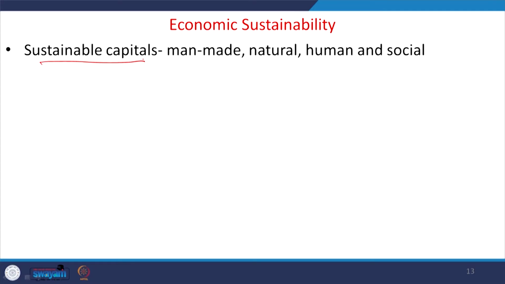Economic sustainability is expressed in terms of sustainable capitals like man-made capital, natural capital, human capital and social capital. So, how can all these forms of capital be sustained, be maintained throughout time? Here we can say that sustainable use of renewable natural resources can be achieved if economic sustainability is maintained.